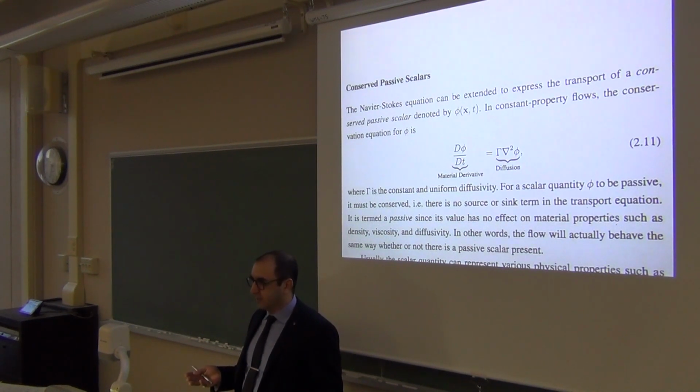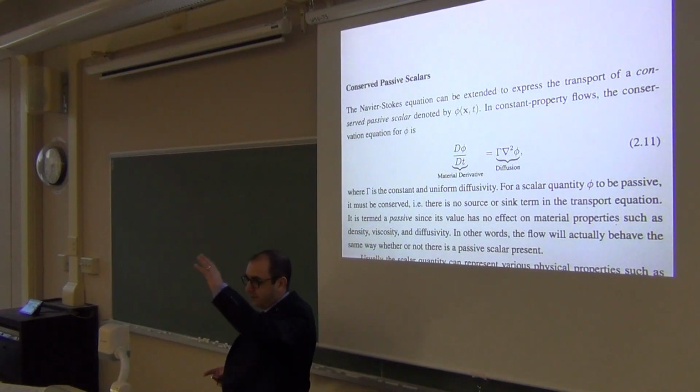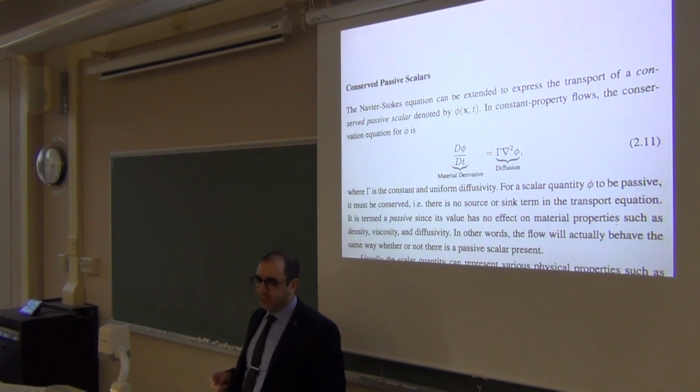Probably it's the same, right? Air doesn't care if there's the smoke or tracer in the background. It just moves the way it should move with the momentum of my hand, with the boundary conditions on it. So it doesn't matter whether or not you have the passive scalar. Air does its thing. It moves in the way it wants to, right?